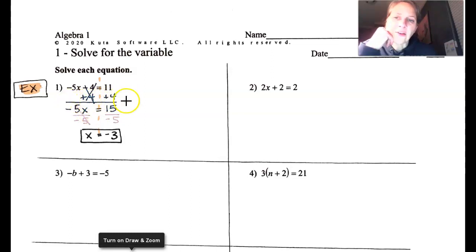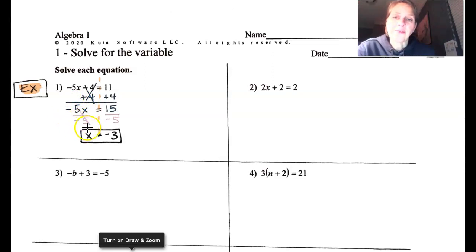And this line here is sort of like another equal sign, and it's just telling me, okay, I did these things, now I have a summary. And now that I have this summary, where I have negative 5x equals 15, I have to decide how to undo this negative 5 times x. They're multiplied by each other. So undoing multiplication is actually division.